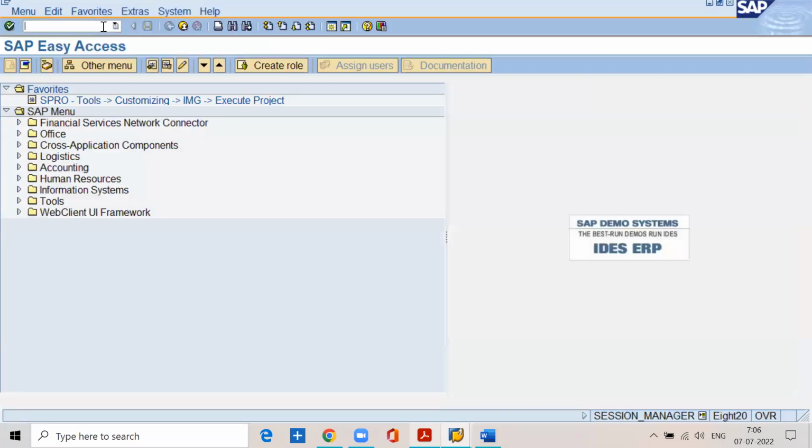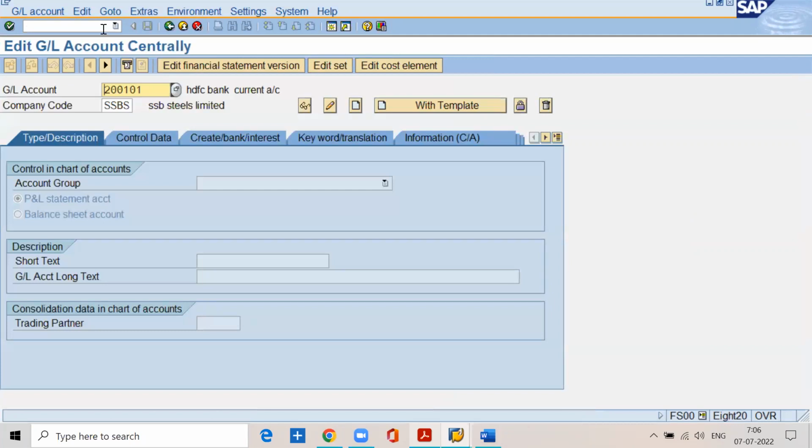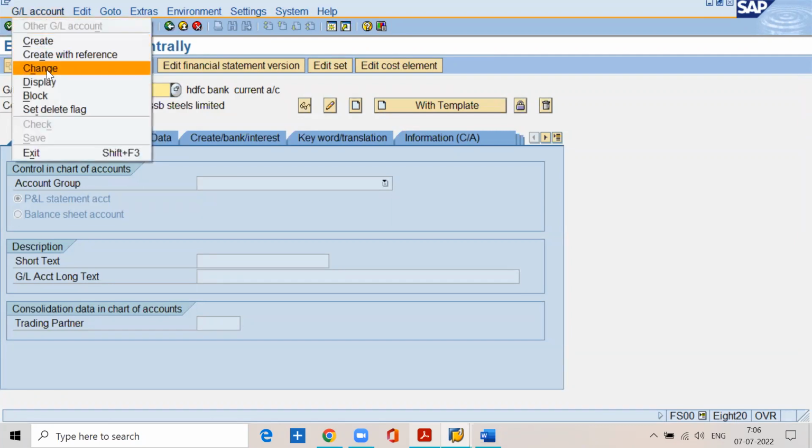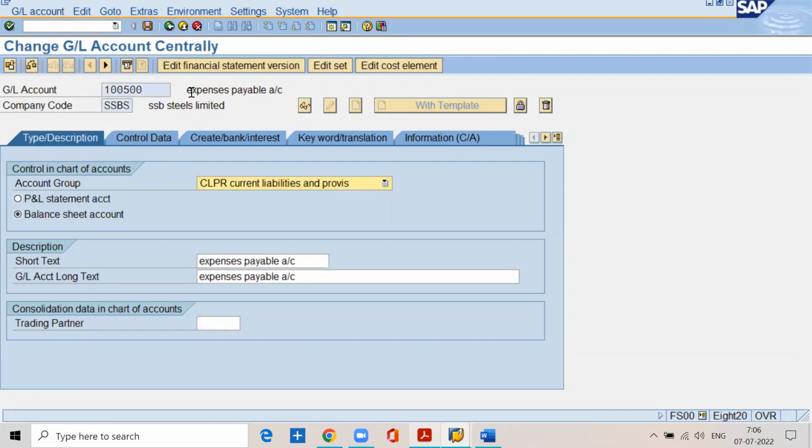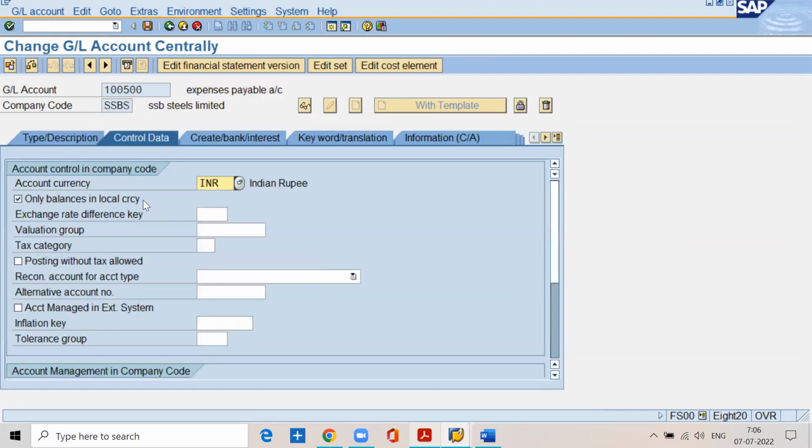Let us go to one GL account in another company code. See, 1,500,000 account is the outstanding expense account or expenses payable account. So here we assign the tolerance group. Suppose if you assign tolerance group A here, the system will apply the upper limits of tolerance group A, 100 rupees.